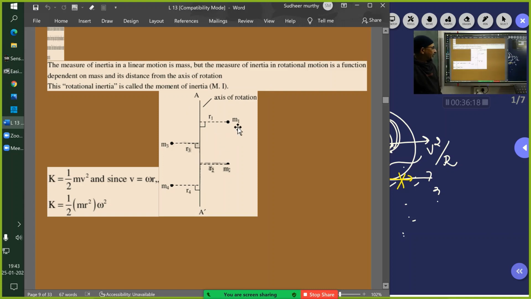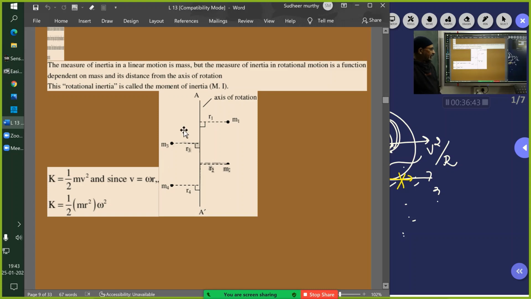Good. So here, assume that this is a rod and I have attached particles M1, M2 here, M3 here, M4 here and so on. So the moment of inertia due to this is m1 into r1 square, this is m2 into r2 square, m3 into r3 square, m4 into r4 square.